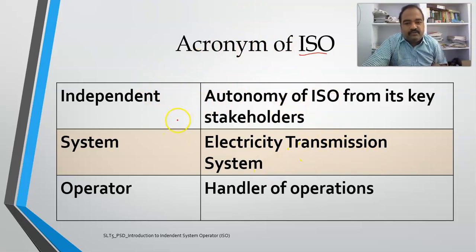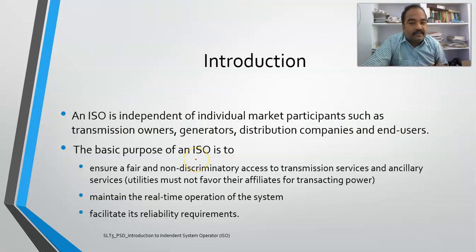S represents system, here the electricity transmission system. And O is the operator, the handler of all the operation services. So an autonomous body which carries out the operations pertaining to electricity transmission services. That is your independent system operator.